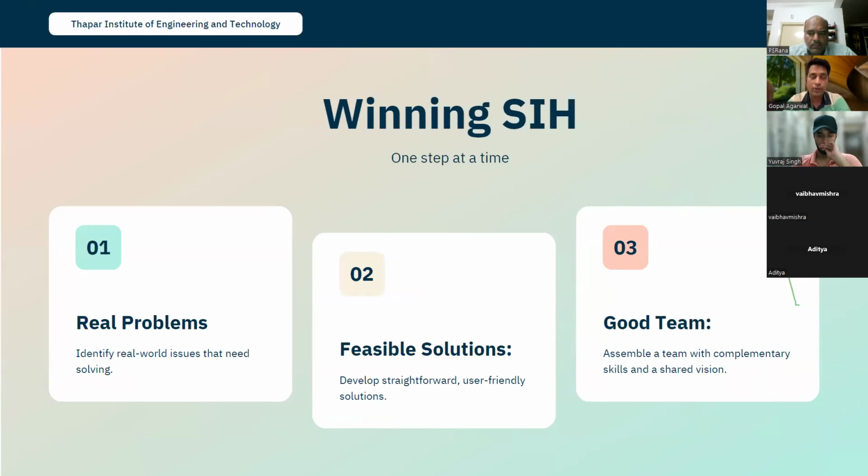Sometimes choosing a good problem statement is the only thing that you need to win this kind of hackathon. Then it is about having a feasible solution, that means something that your team with your tech stack can actually build. If you just say that you will build a great thing, but when you reach the hackathon stage you are not able to get the solution working really well, that will not be a good thing, because you won't be able to win the hackathon at the end of the day.